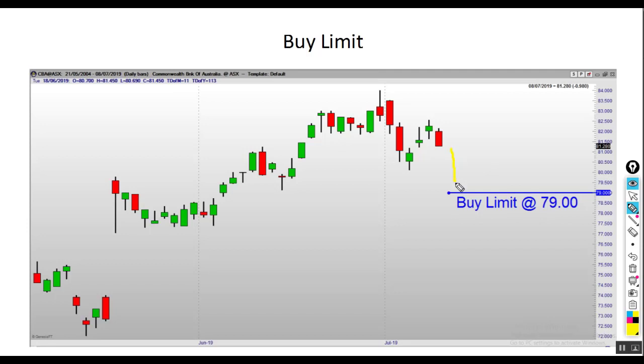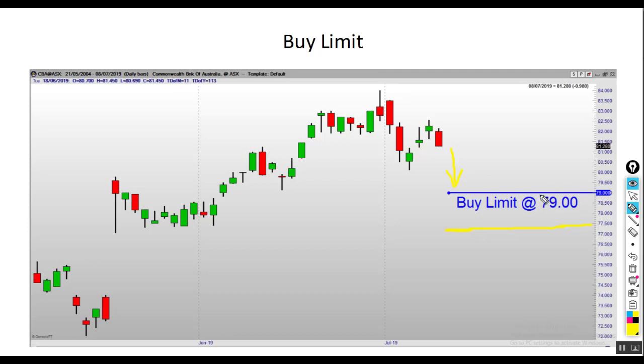So if the prices travel down and get to this level, it will put an order in at $79. Now, if for whatever reason CBA had an announcement that affected them, such as earnings, and it gaps open down below here at say 77 or 75, that means you would get that price level or below.